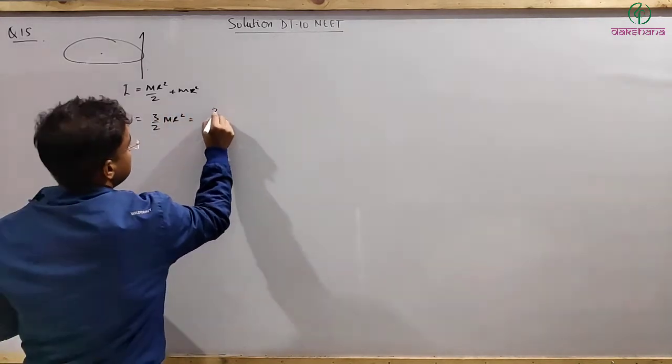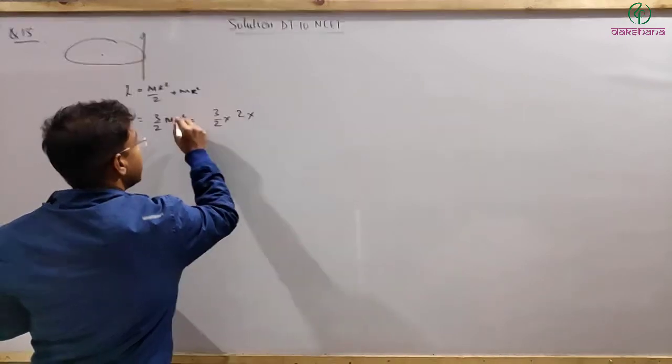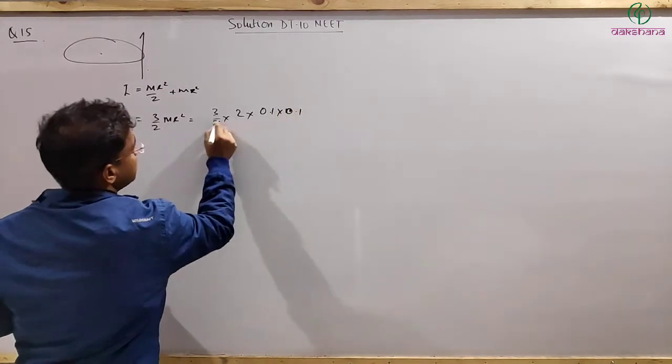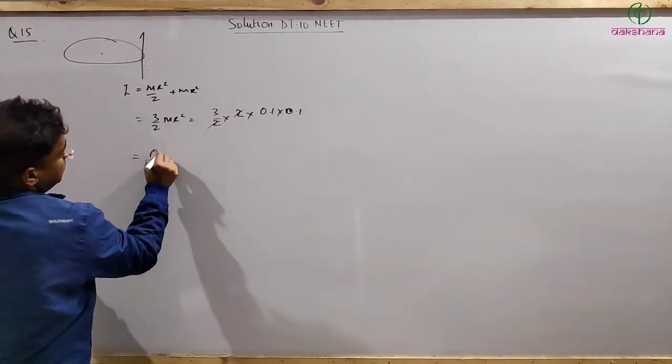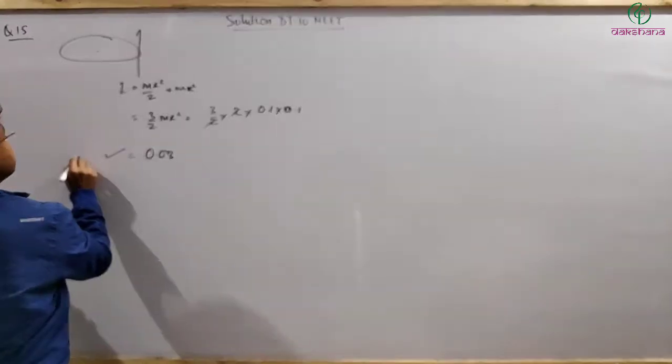Substituting the data, 3 by 2, mass of the disc is given as 2 kg and r is 0.1 into 0.1, so this comes out to be 0.03 as the moment of inertia, matching with option number 2.